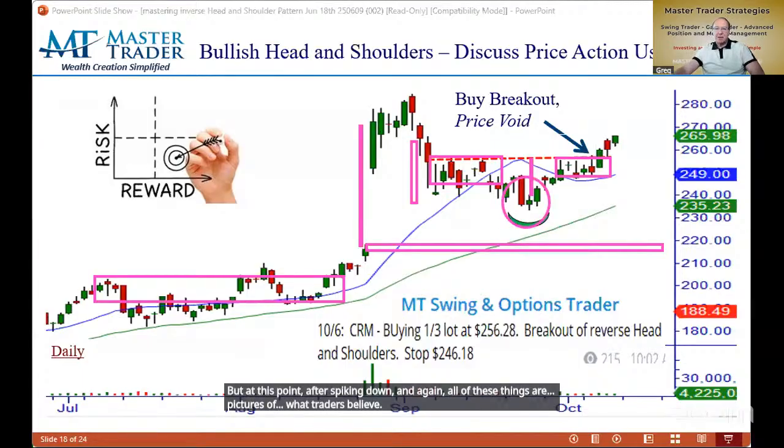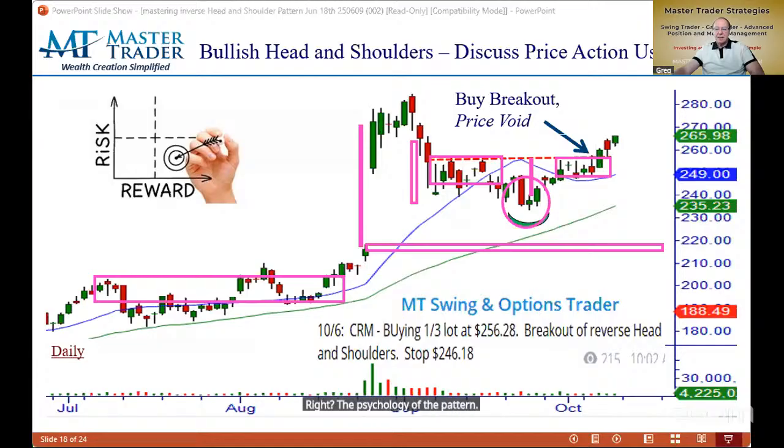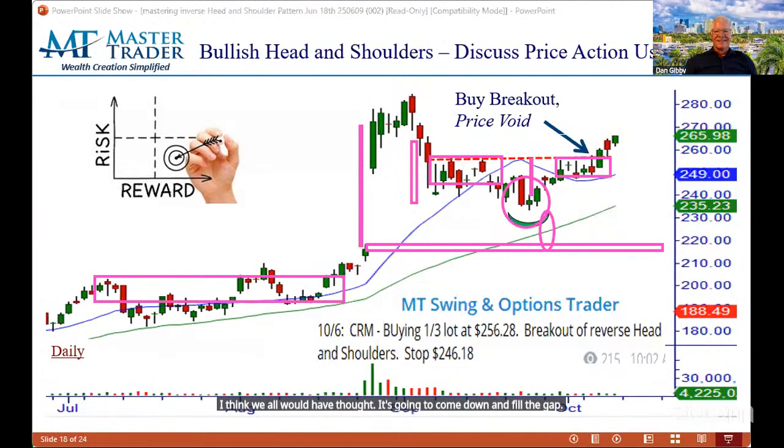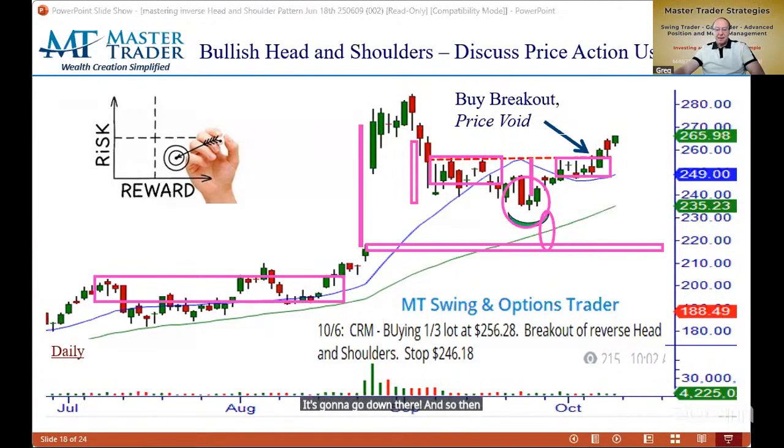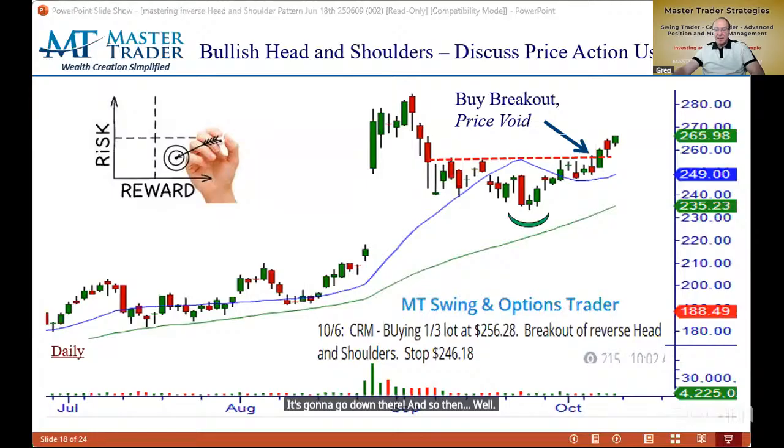The psychology of the pattern. So at this point in the middle, I think we all would have thought it's going to come down and fill the gap. It's going to go down there. And so then, all from this thinking it's coming down here, all of a sudden it has 100% retracement.